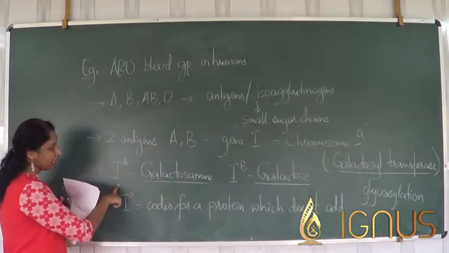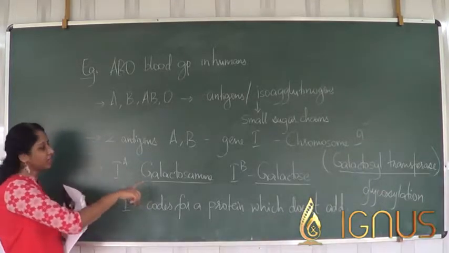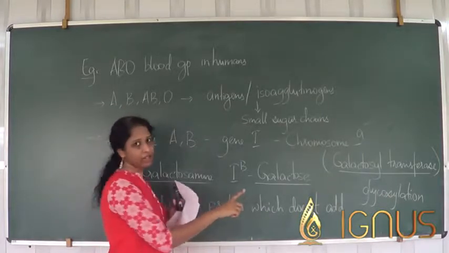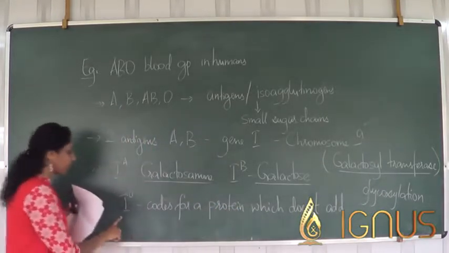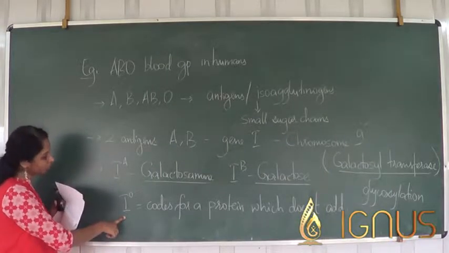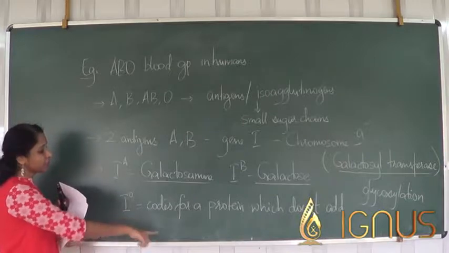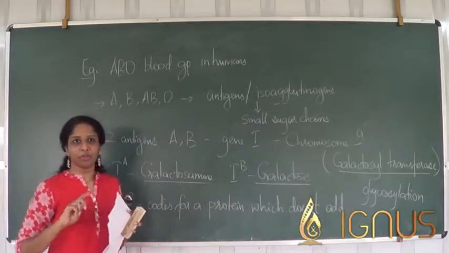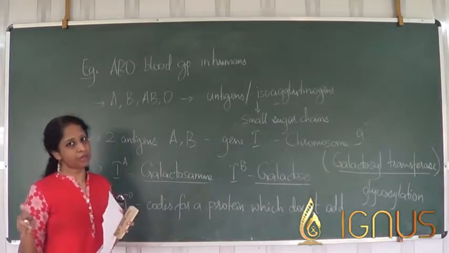Now there is a recessive gene which is I0 or IO, you can call it, which is going to code for a protein which is not going to transfer the sugar molecule onto the surface of the RBC.